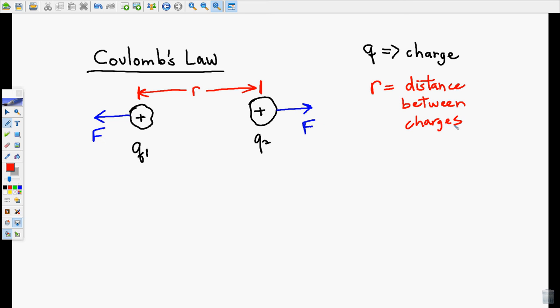And Coulomb's law simply states, if you want to calculate the magnitude of this force, the magnitude of this force is equal to the proportionality constant K, which has nothing to do with the spring constant. It's a completely different use of the letter K. It's called the electrostatic constant.